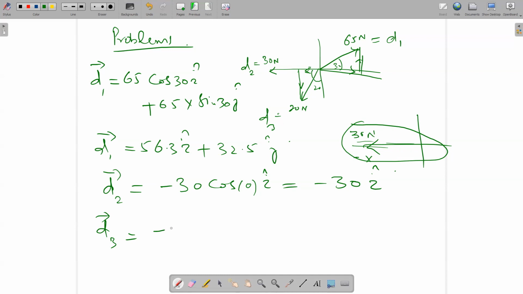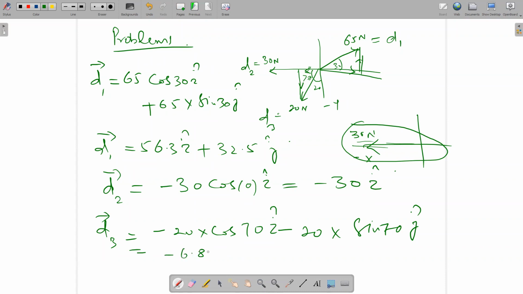So I will write minus 20 cos 70, not 20, 70. This is 70. And minus, because it is downward, downward is the negative y-axis. So minus 20 sine 70 j. When you solve this, you will get the answer minus 6.85 i minus 18.8 j. So this is your D3.